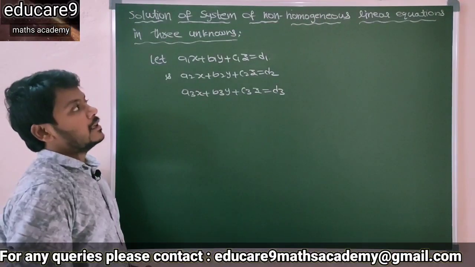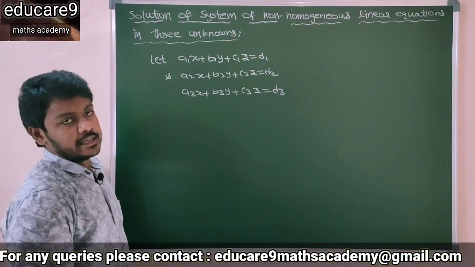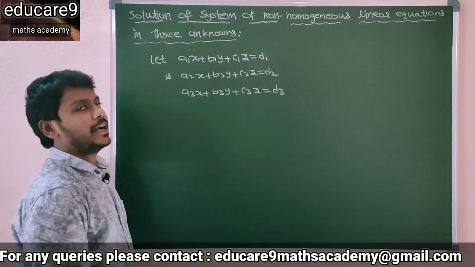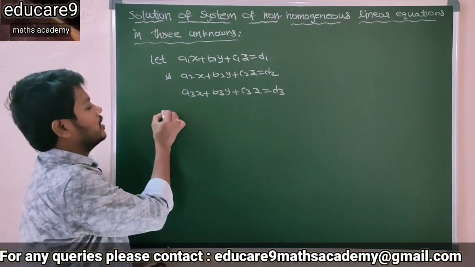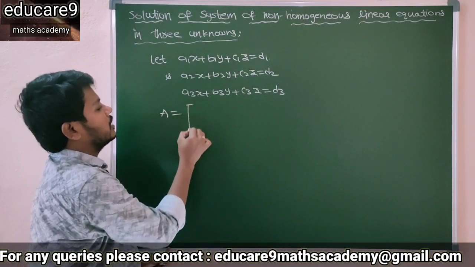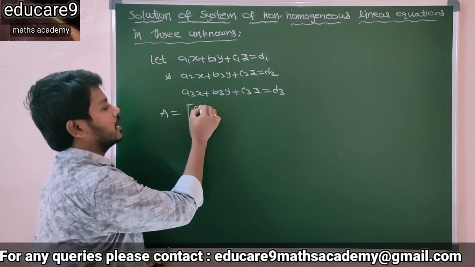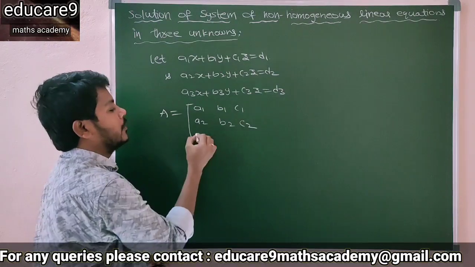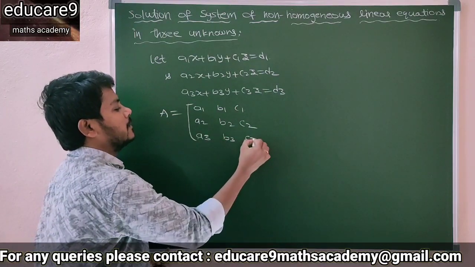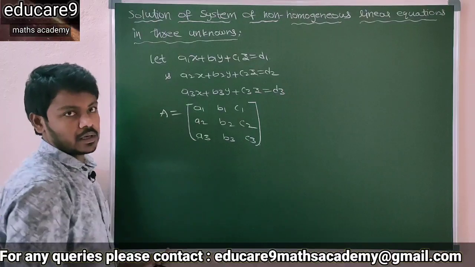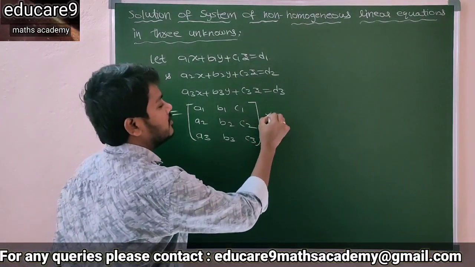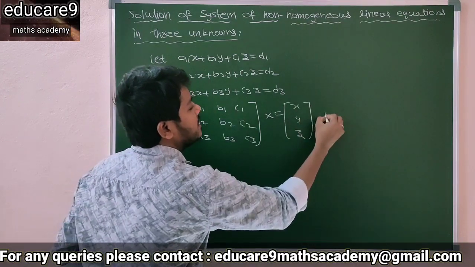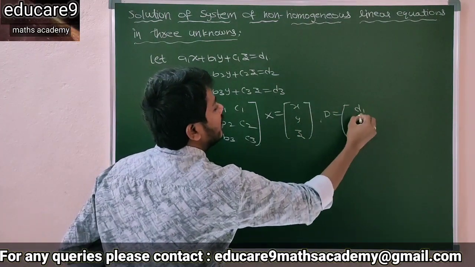These are three non-homogeneous linear equations, and we have to find the solutions. How do we find them? Here A is the coefficient matrix: a1, b1, c1, a2, b2, c2, a3, b3, c3. X is the variable matrix, that is x, y, z, and D is the constant matrix, that is d1, d2, d3.